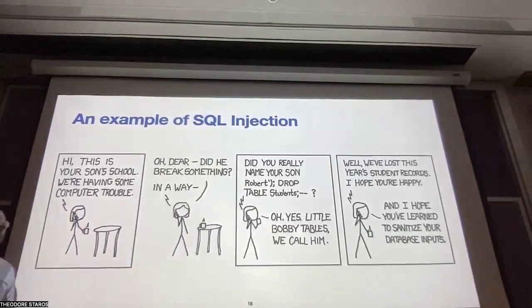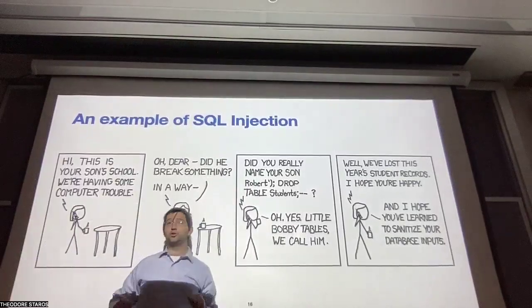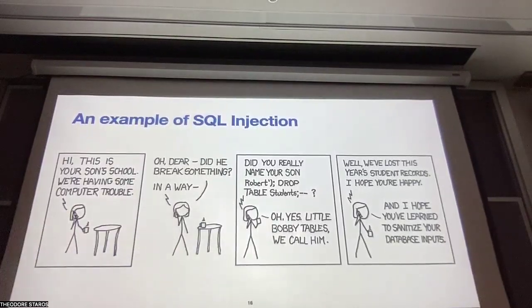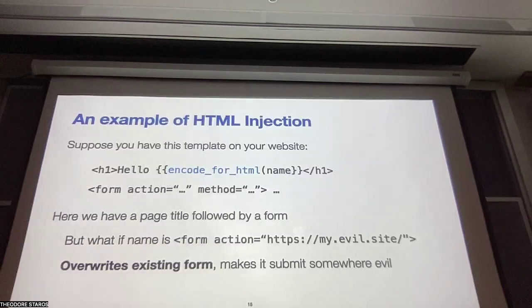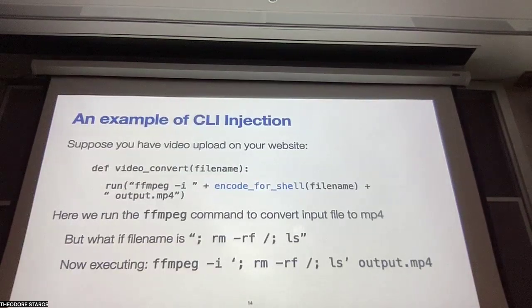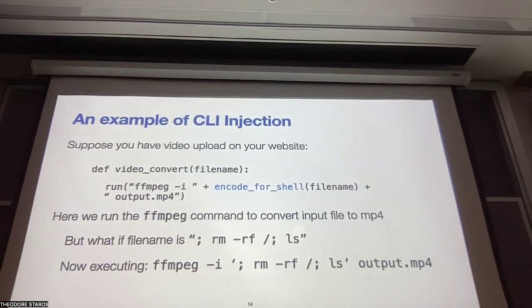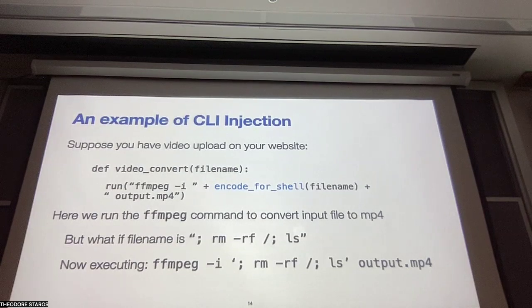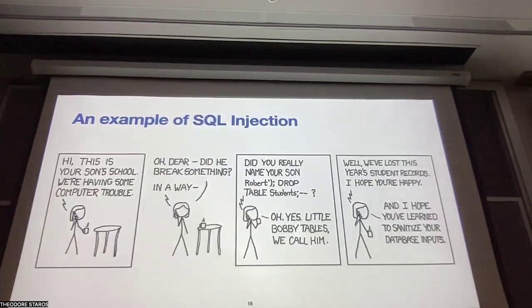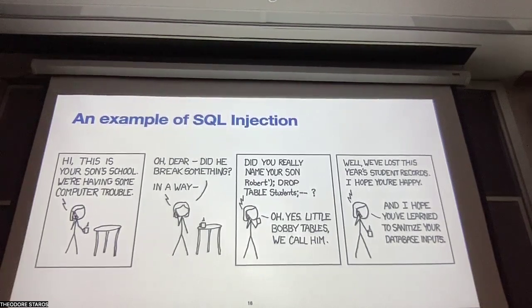And the problem is you're not executing the SQL queries you thought you were executing, or you're not generating the HTML you thought you were generating, or you're not executing the CLI command you thought you were executing. In fact, the attacker gets to control what shell commands, HTML or SQL is being executed, and the attacker has different ideas from you on what those should be. So Django sanitizes all of your inputs for you. Yeah, we'll talk about Django's protections for this in a second.